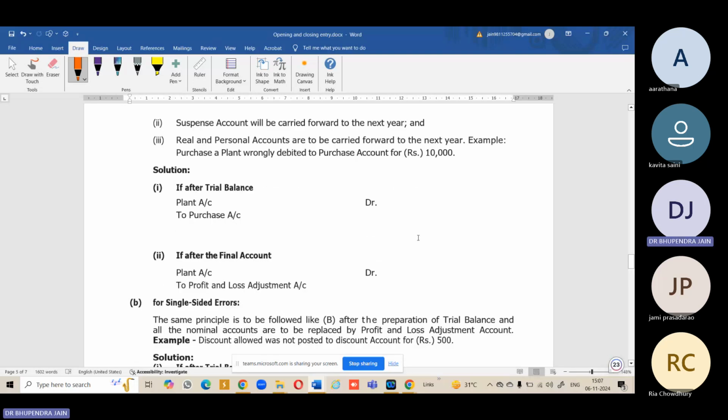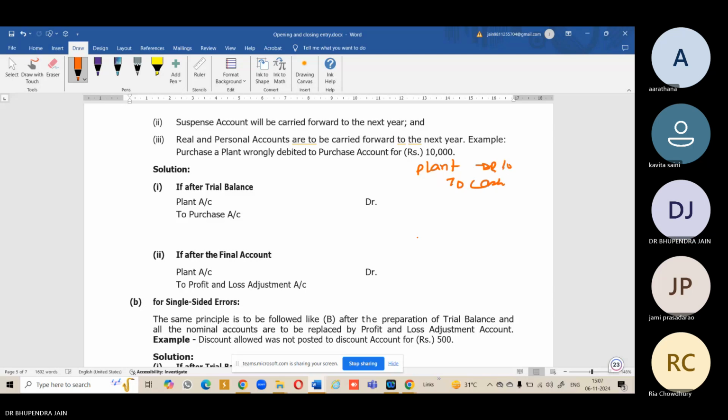What should be the correct entry? Plant account debit to cash. What should be the rectifying entry for the wrong entry?